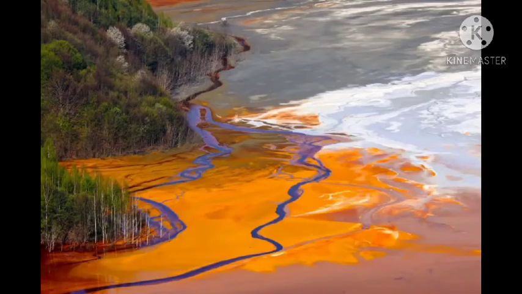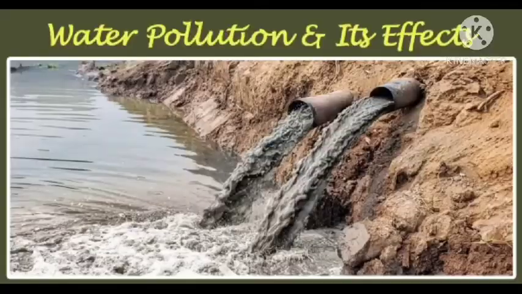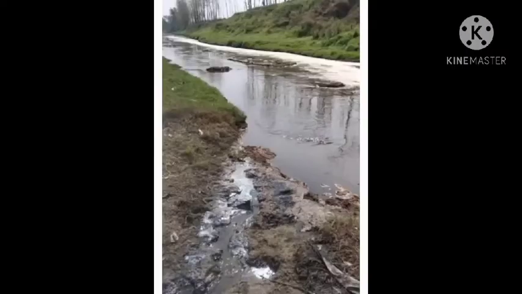Not only that, big cities. There are many big cities in our country. These cities produce a large amount of garbage in different forms. Even this garbage is thrown into the rivers. So river water gets contaminated, it gets polluted.